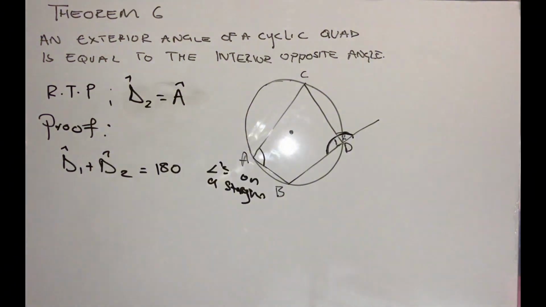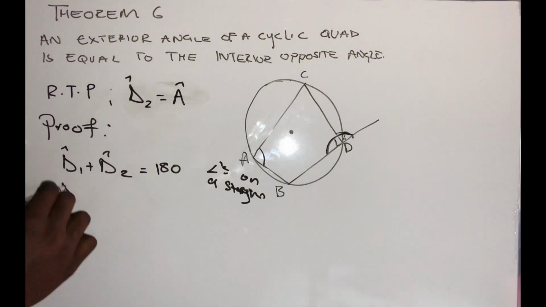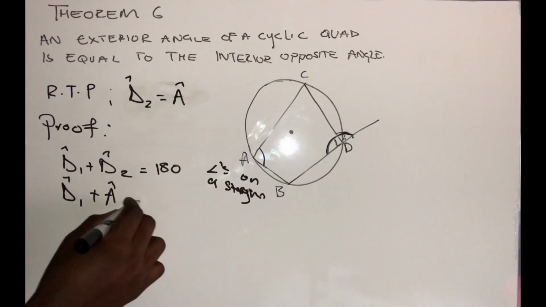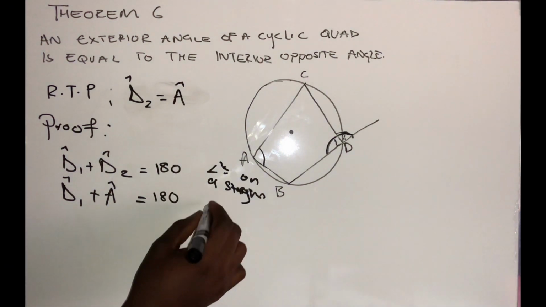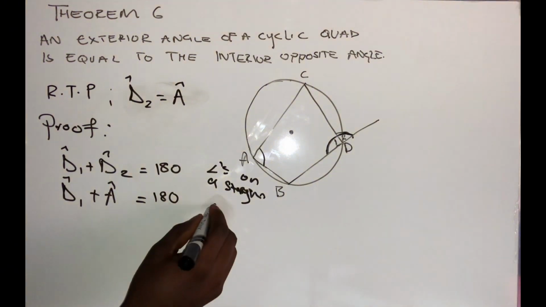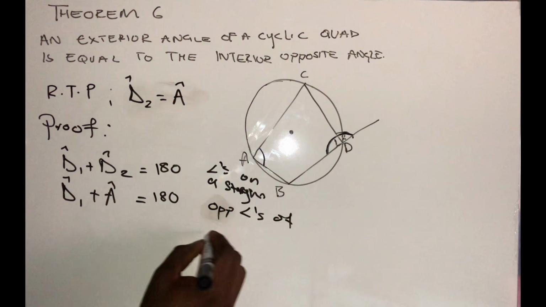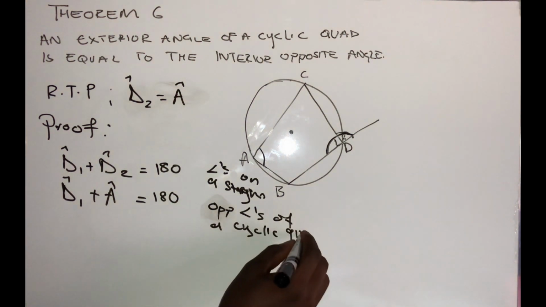That means both of them add up to 180. So we have angle D1 plus angle A equals 180. What's your reason? Opposite angles of a cyclic quad.